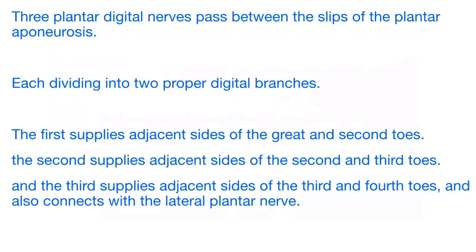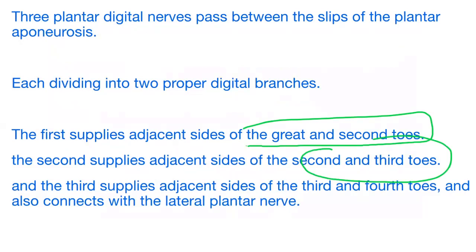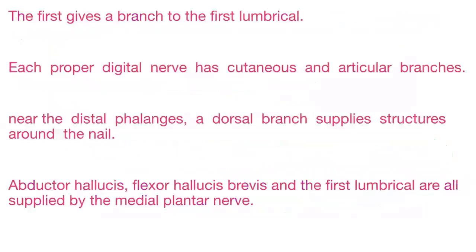So the first one supplies the adjacent sides of the great toe and second toes. The second supplies the adjacent sides of the second and third toes. The third supplies the adjacent sides of the third and fourth toes, and also connects with the lateral plantar nerve, right? The first gives a branch to the first lumbrical, right? Each proper digital nerve has cutaneous and articular branches.